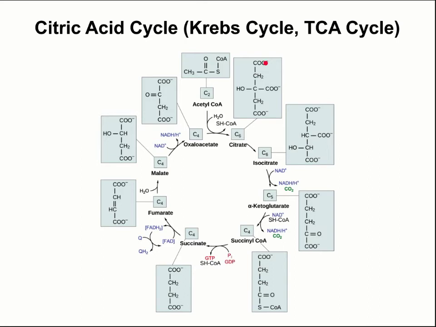Here is what is important. 1. It's a cycle. 2 carbons enter and 2 carbons leave. All the intermediates are regenerated. 2. Carbon, 2 of them, enter as acetyl-CoA and 2 carbons leave as carbon dioxide at steps 3 and 4. Note that by now we've eliminated all the carbons of glucose.